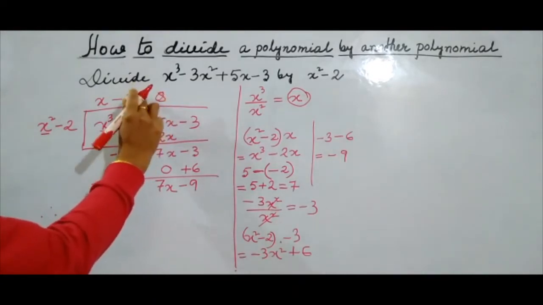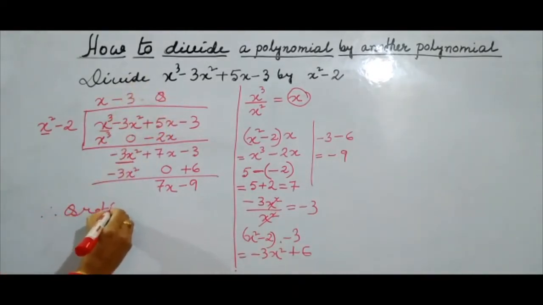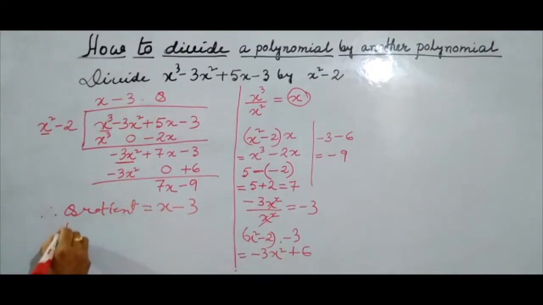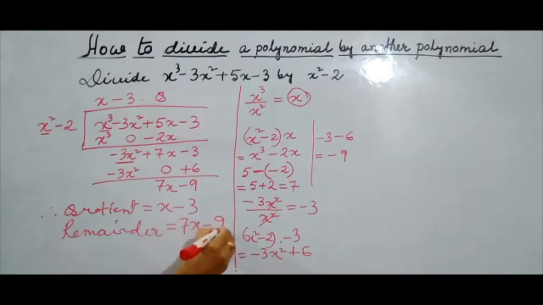So quotient equal to x minus 3 and remainder equal to 7x minus 9. Very simple. I think all of you have understood.